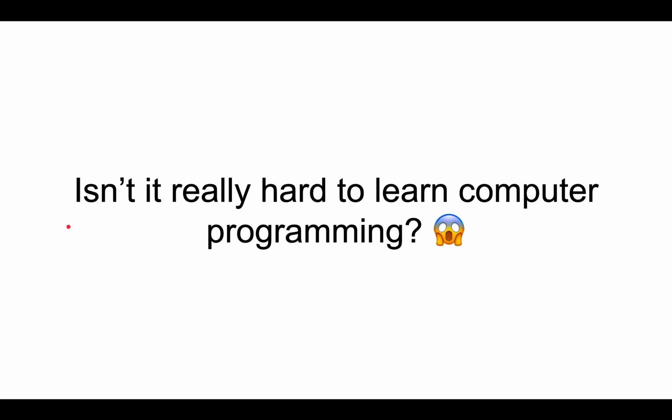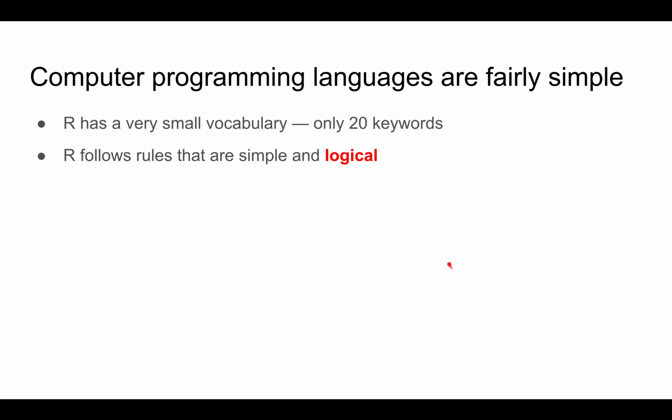Alright, so now that you realize that you have to learn computer programming, you might be thinking, isn't it really hard to learn computer programming? Well, not really. Computer programming languages, including R, are fairly simple compared to the real-life languages you and I use on a day-to-day basis. For example, R has a very small vocabulary.